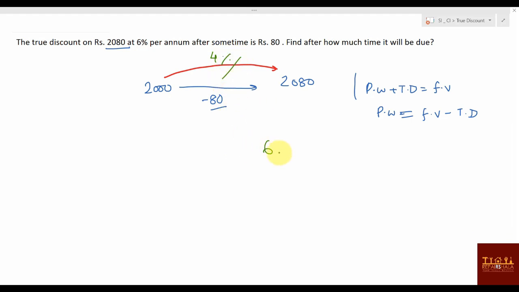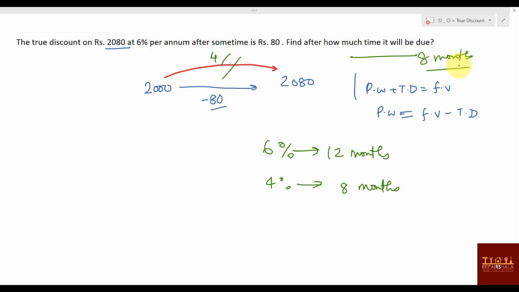So you can say 6% is given for 12 months. So how much for 4%? You can say the 4% value will be for 8 months. Meaning for how much time will it be due? It will be due for 8 months. 2000 at the rate of interest 6% will become 2080 in 8 months.